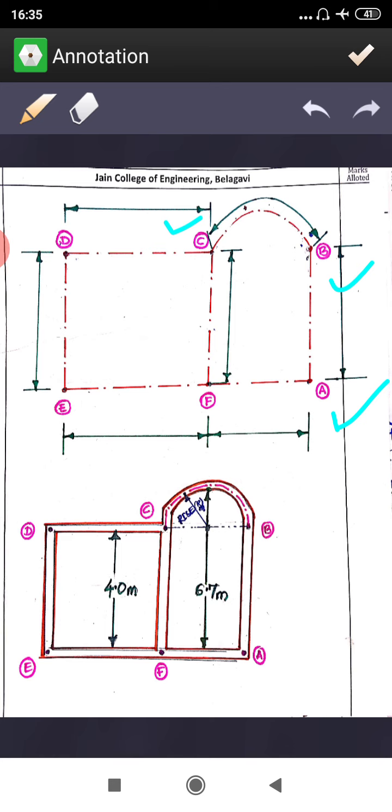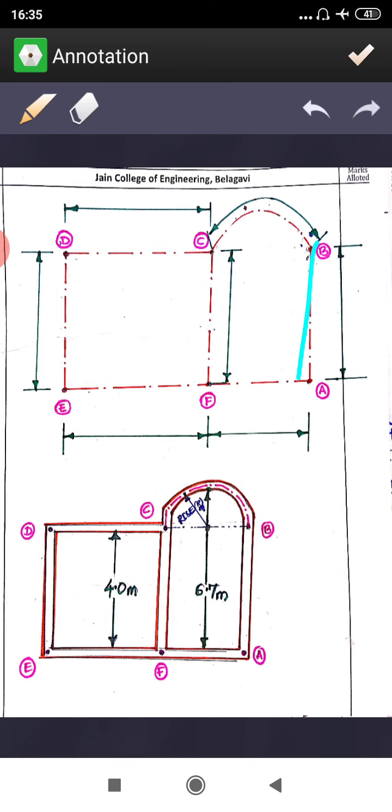Now if you see this here, AB is having the same length as that of CF and as that of DE. So these three walls are of same length, so I'll be considering them as long walls.